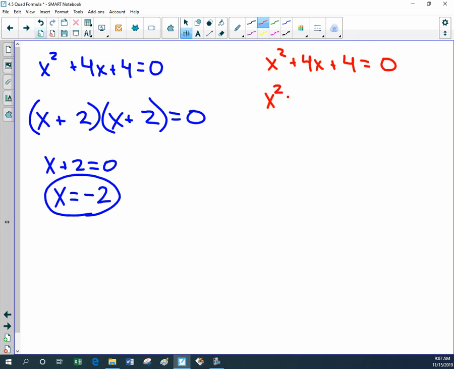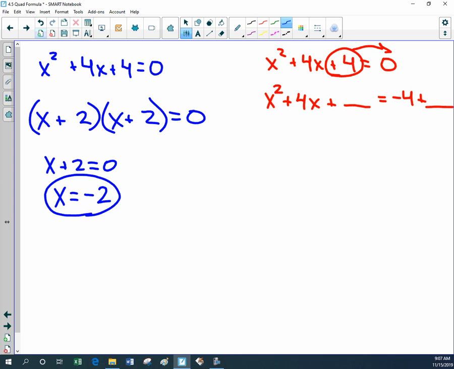So this would be x squared plus 4x plus blank equals -4 plus blank. In completing the square, this is always my first step: get the x squared and the x on one side by itself, move this number to the other side. Then fill in the blank.